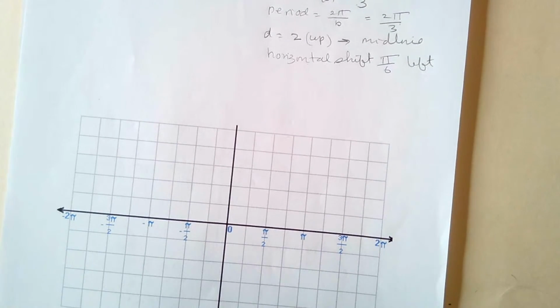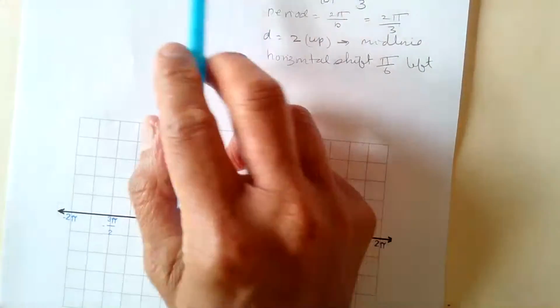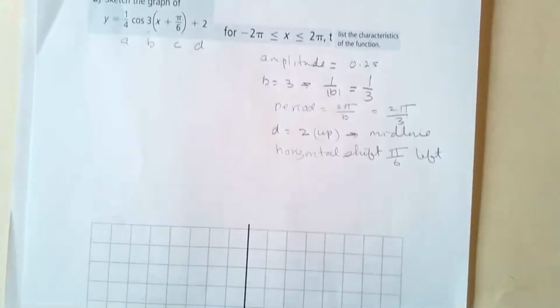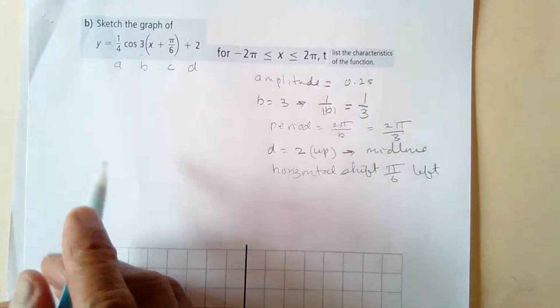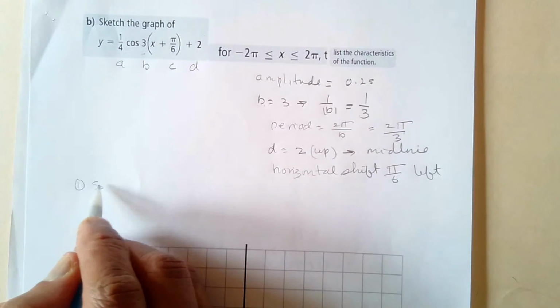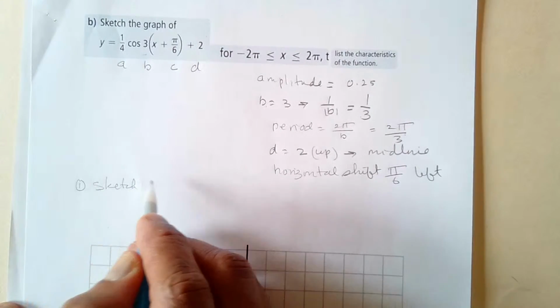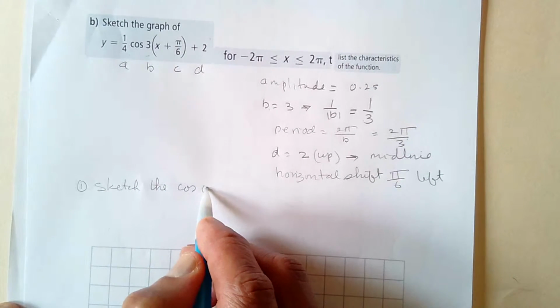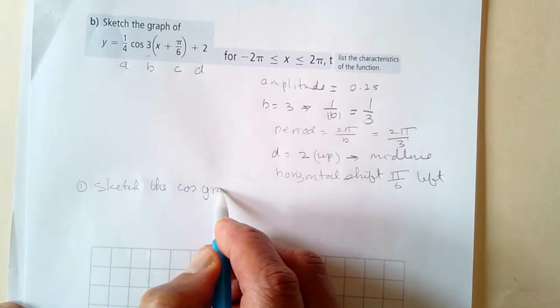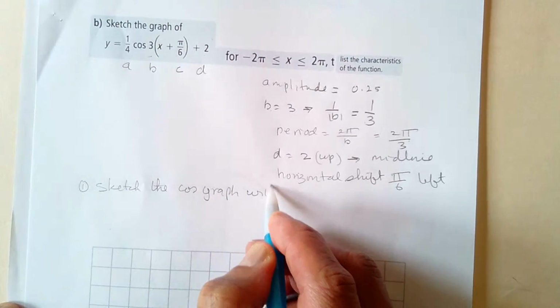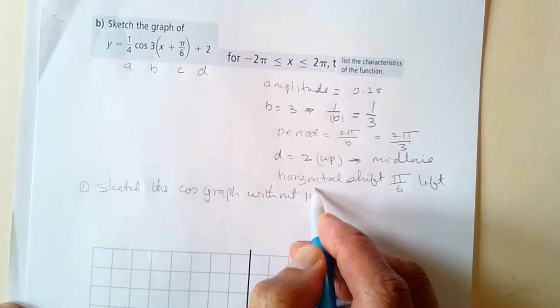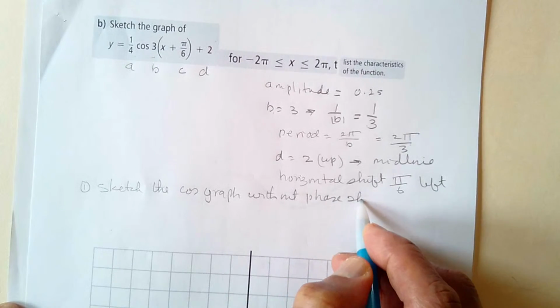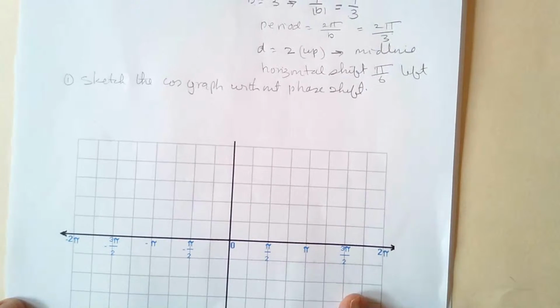So the first thing we'll do is sketch the graph without the phase shift. Step 1: sketch the cosine graph without the phase shift. So what do we have?